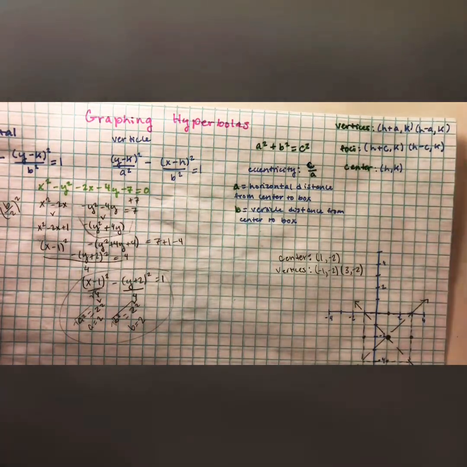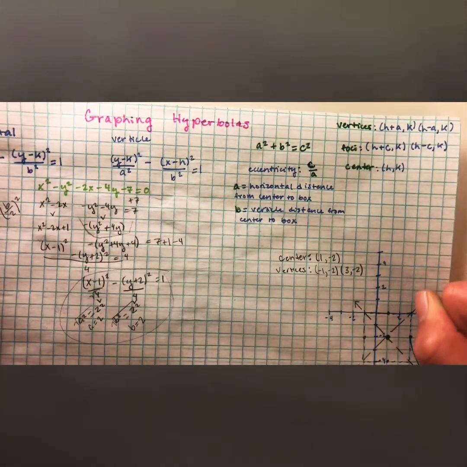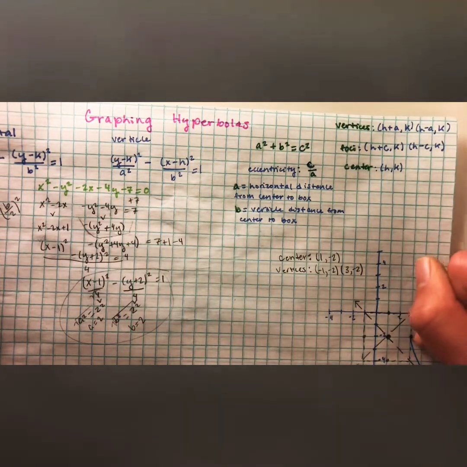Okay, and so the next thing that we need to do is draw our hyperbolas. We're taking from the vertex, which we already have, and I'll use another fancy color, and we're drawing out to our asymptotes like this. This is actually the easiest part.